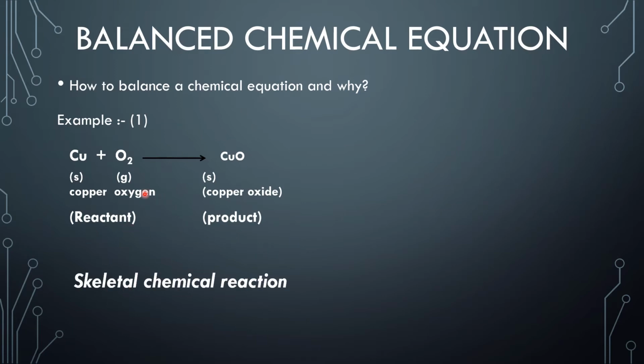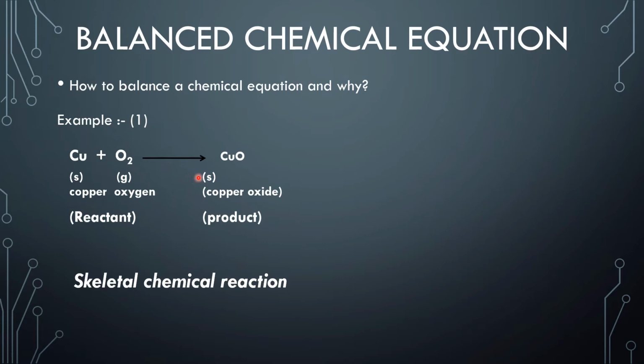According to the equation, we count the number of atoms of each element on both sides. Then we find that the number of atoms of oxygen is 2 on the left hand side, whereas the number of atoms of oxygen is 1 on the right hand side.